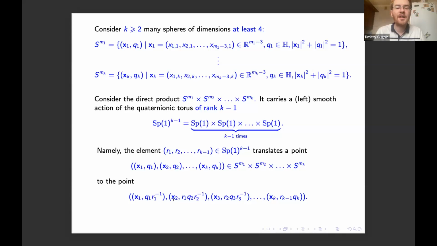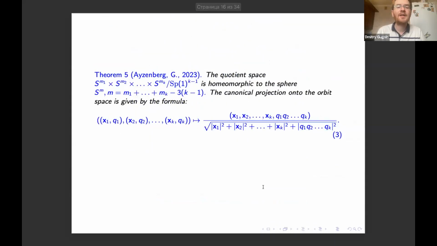So the x_i are the same, but the quaternions are rotated by these formulas. And again, we have the sphere as a quotient space. Its dimension is equal to this, and the canonical projection is again given by this formula.